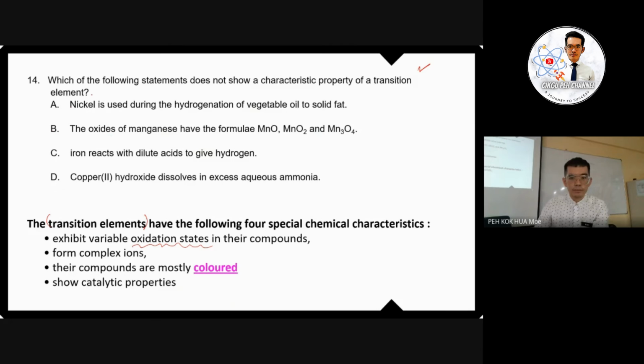Okay, so for A, the question here asks you to find out which is not showing the character of the transition metal. Here, nickel is used during the hydrogenation of vegetable oil to solid fat.